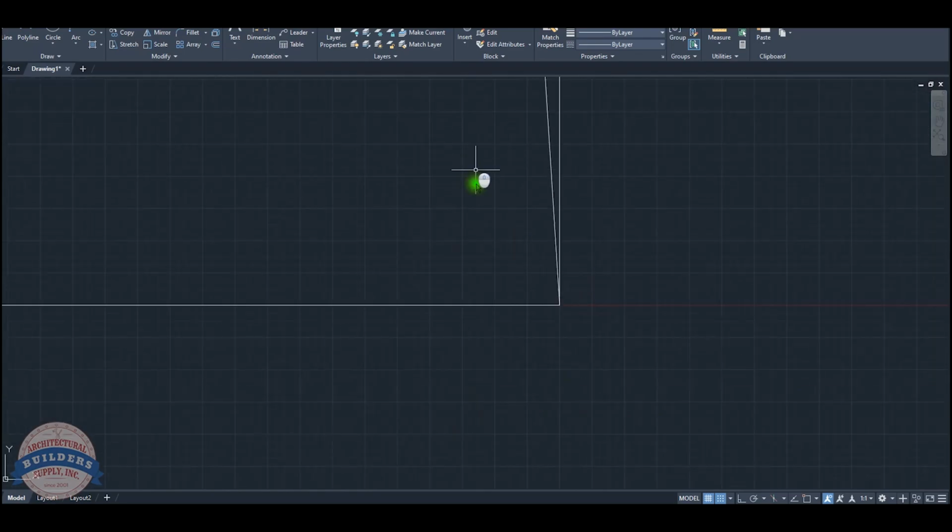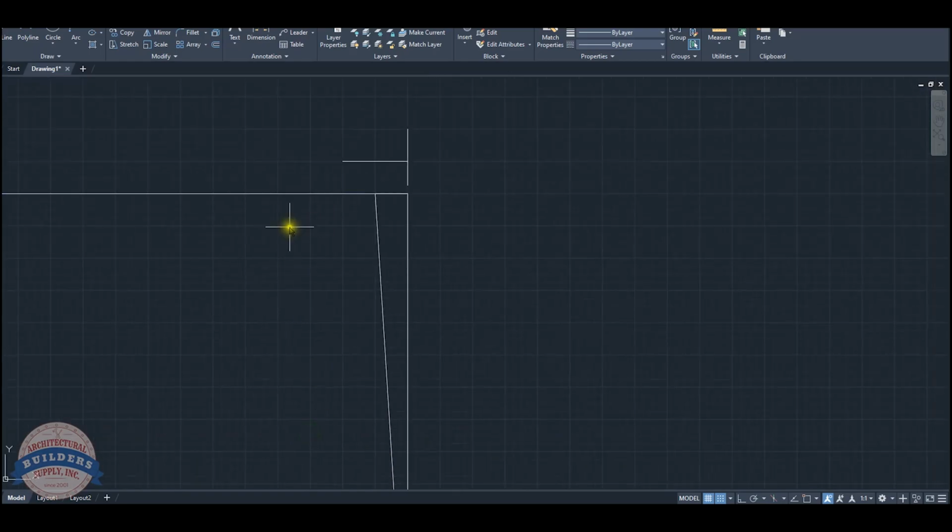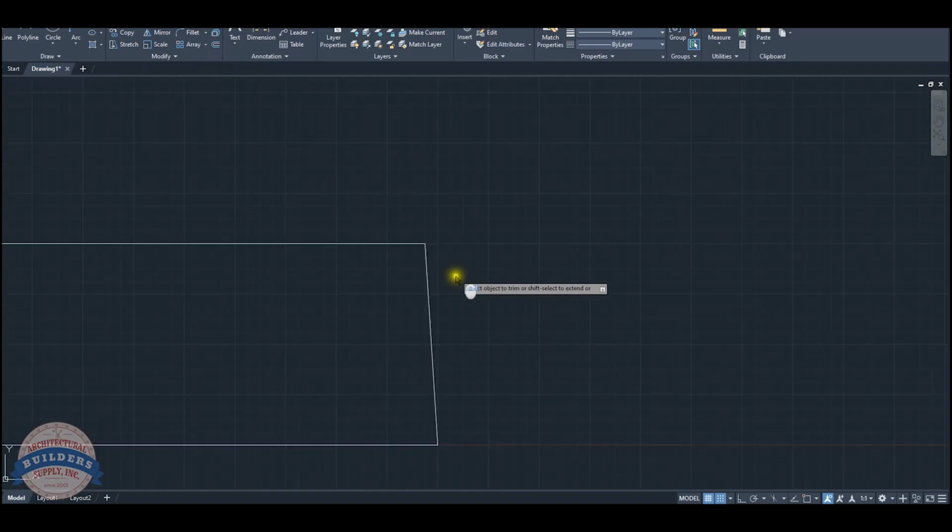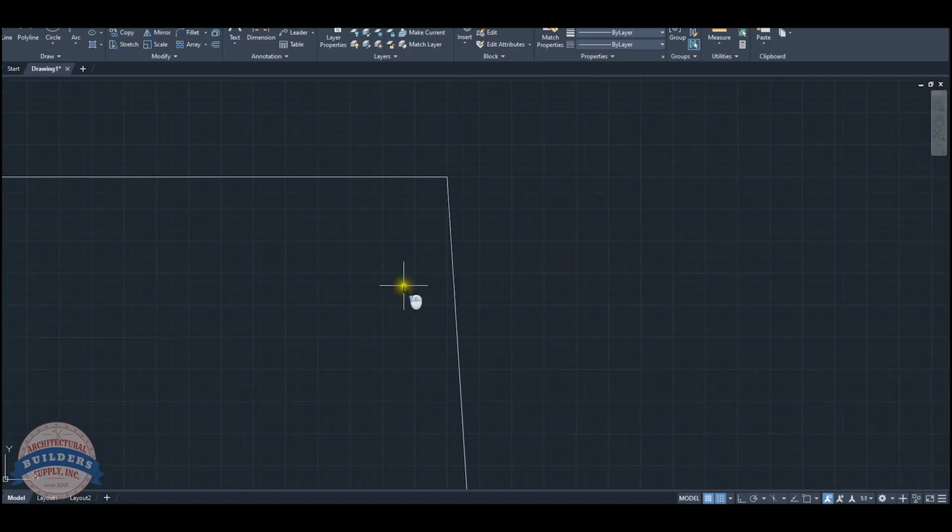Okay. Now, let's clean this up. Trim. One-eighth and 2. That means that for every 2 inches, it's 1/8. That's the definition that they're giving us.